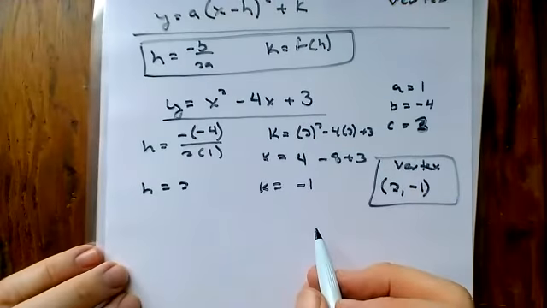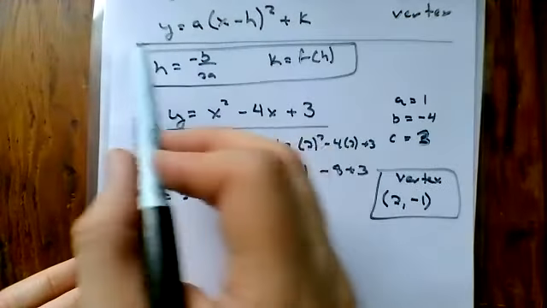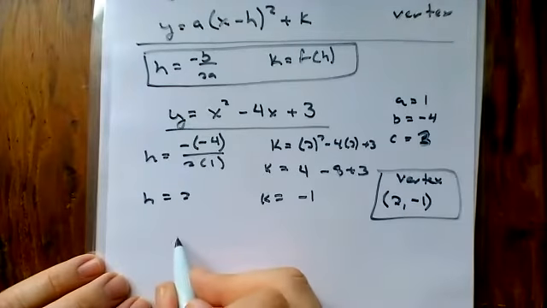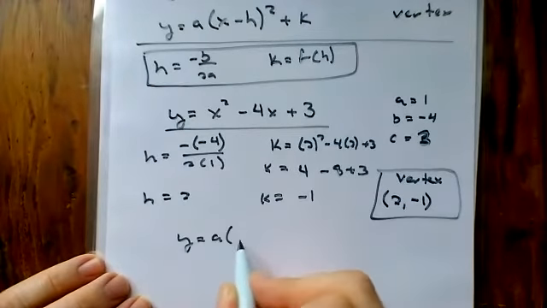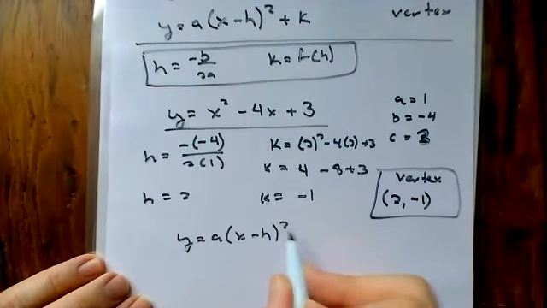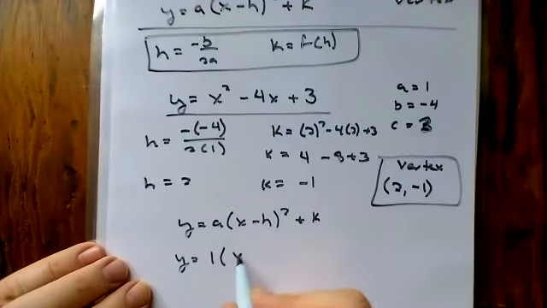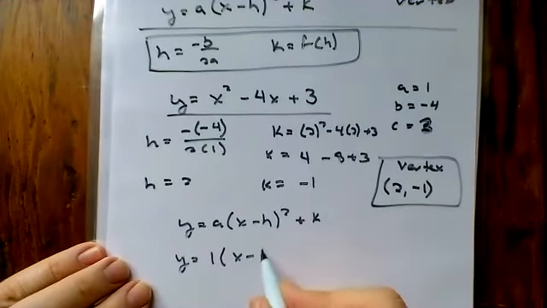Now I'm going to plug this into my vertex formula. So y equals a times x minus h squared plus k. My a was 1, so I'll just put a 1 there for the time being. x minus h, that's going to be x minus that 2.